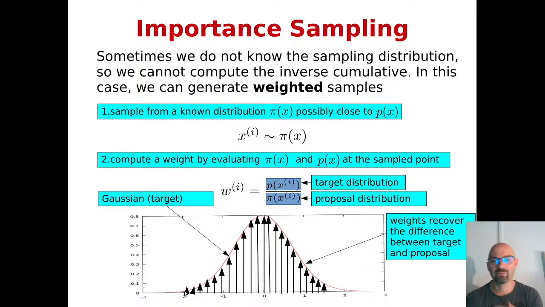Okay? Of course, by doing this, if the two distributions are too different, it might happen that I have samples of negligible value. For instance, this one over here is not very meaningful. Let's say that I was taking a uniform distribution going between minus 100 and 100. Basically, I had drawn samples that have a very low value.